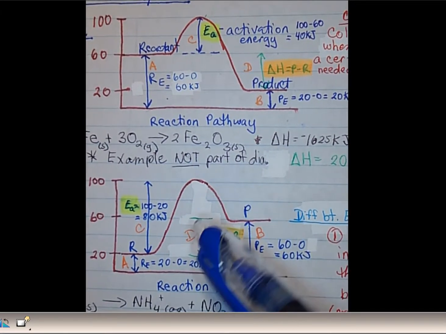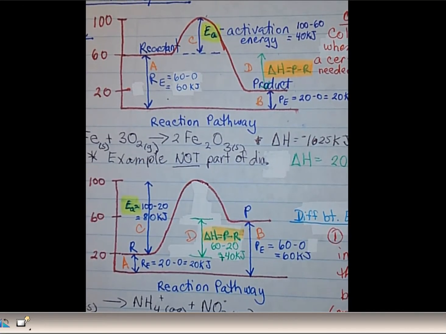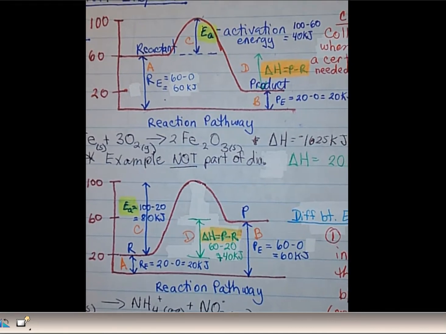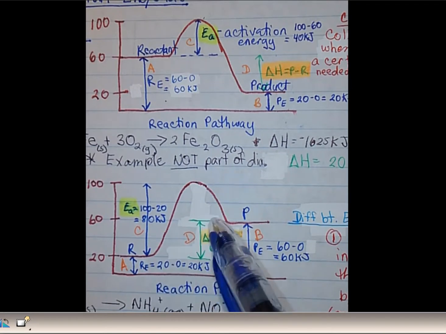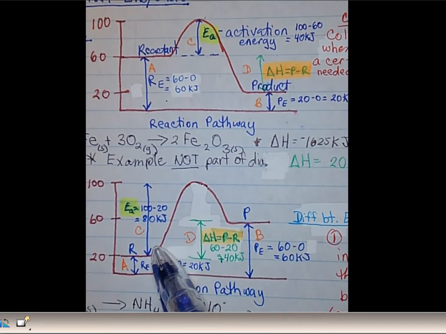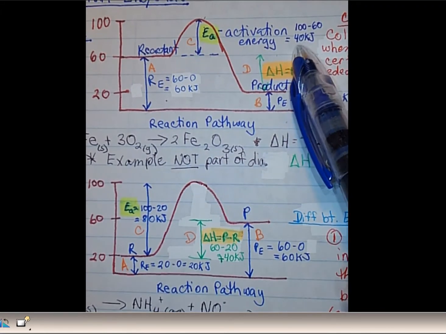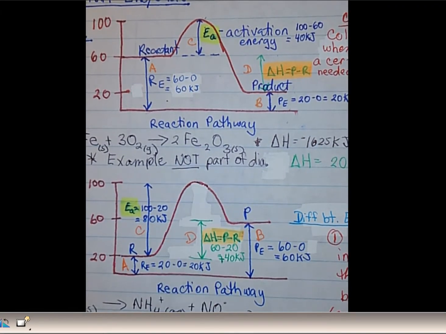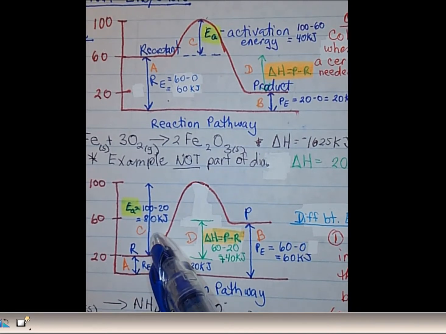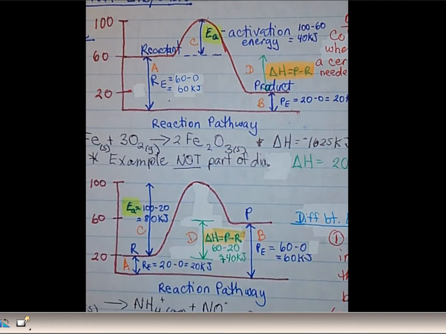Now, there are some differences between an exothermic and an endothermic potential energy diagram. These are big differences that you really cannot ignore, and that is looking at the activation energy and the change in enthalpy. The activation energy in an endothermic reaction is much larger than the activation energy of an exothermic reaction. So what you can conclude is that at the beginning, you need more energy to allow the reaction to happen than in an exothermic reaction.